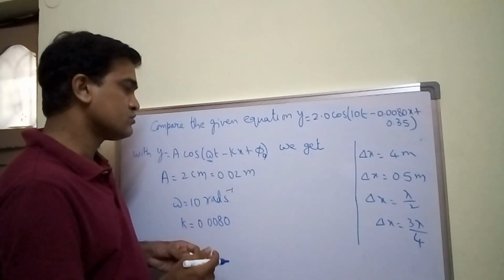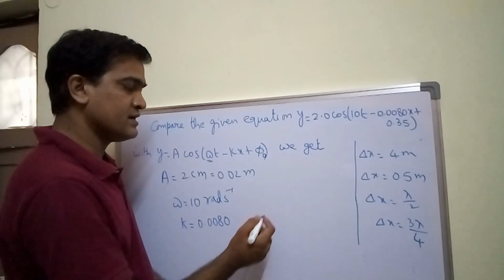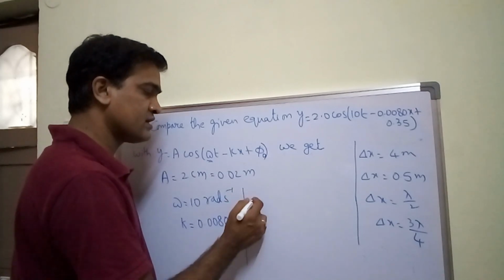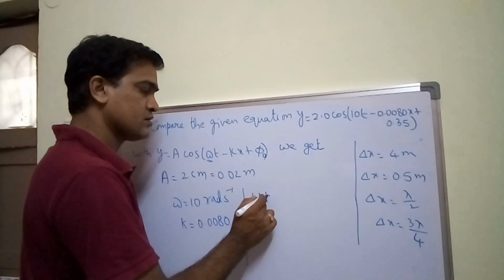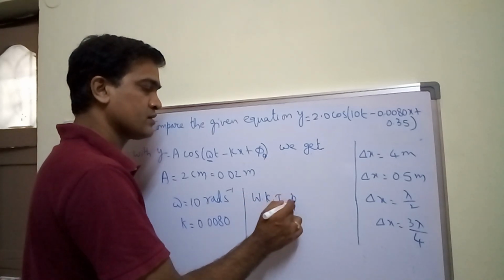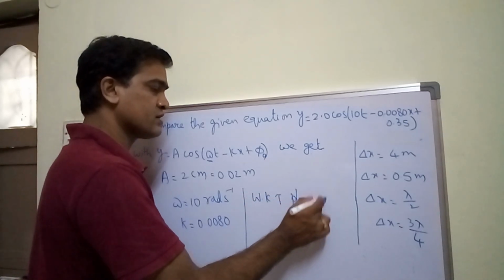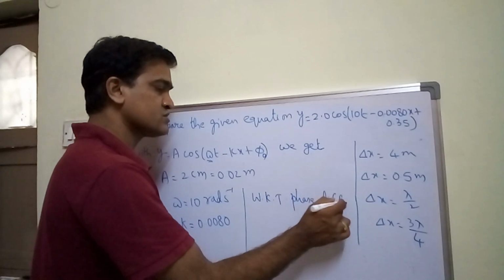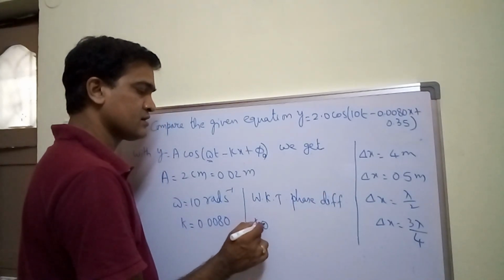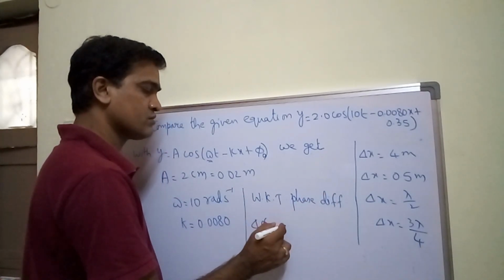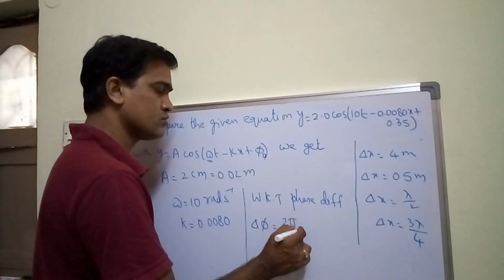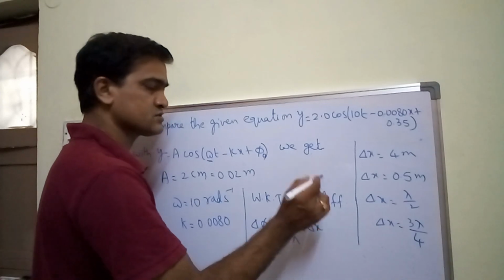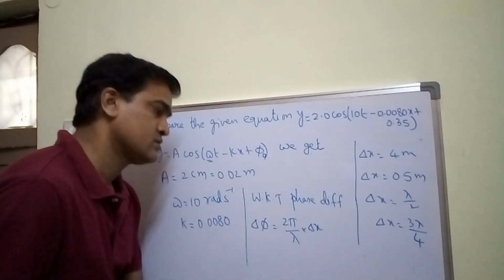Now try to find delta phi. What is the formula for delta phi? First, okay, we know that phase difference. I'm writing general formula. Delta phi is equal to 2 pi upon lambda into delta x, right?